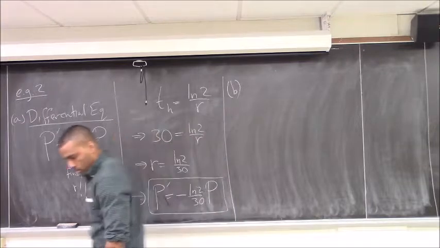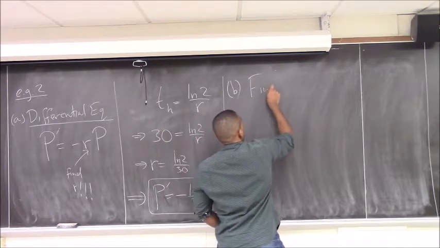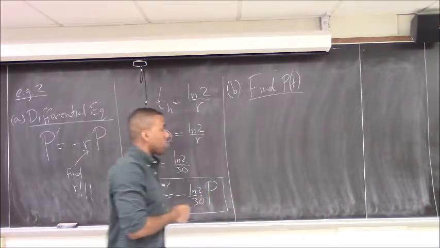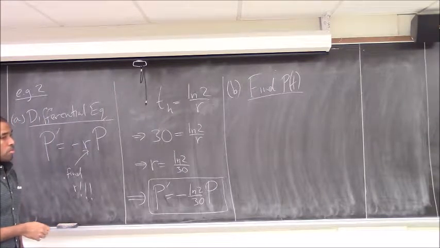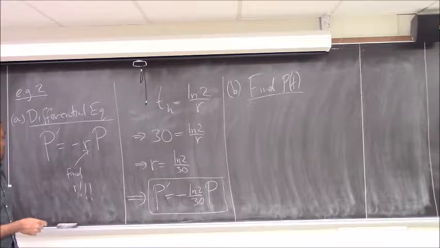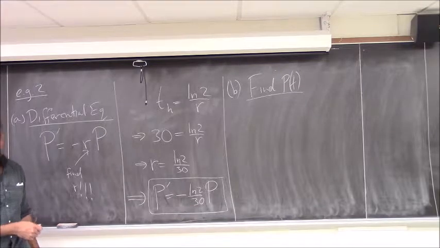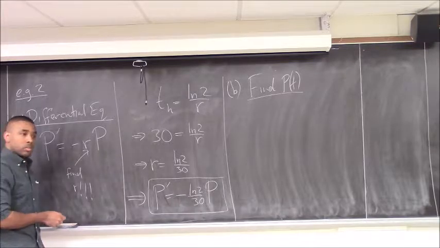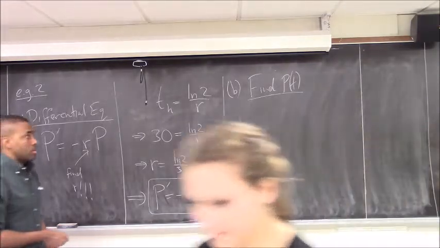B. Find a formula for P of t. So what does P of t look like here? What is P of t? The PERT formula.